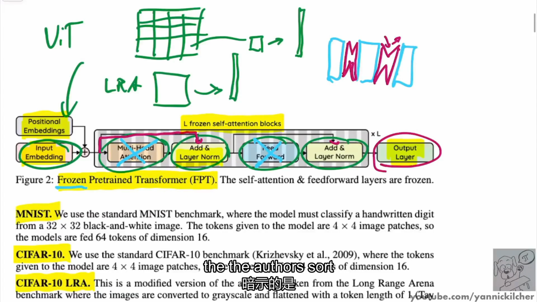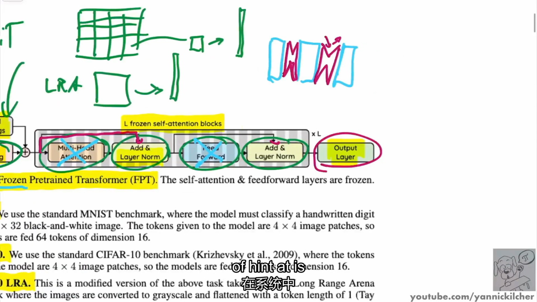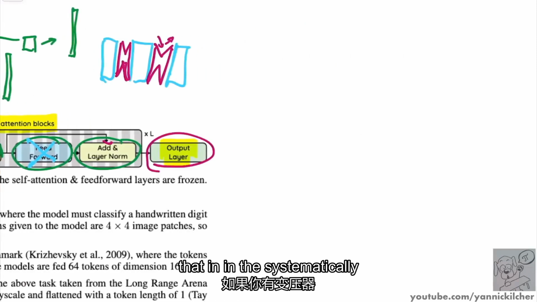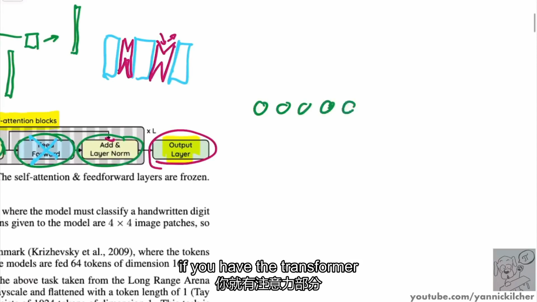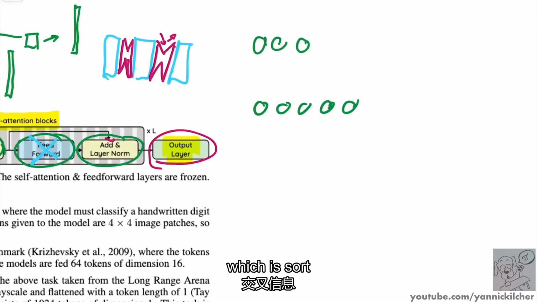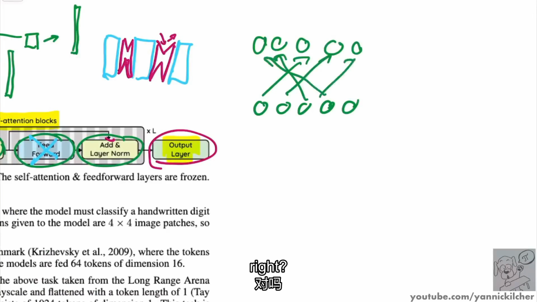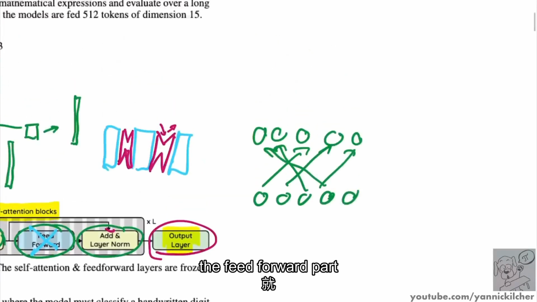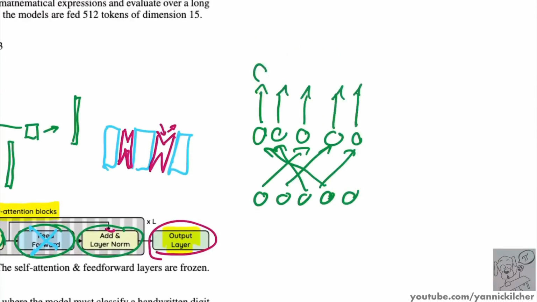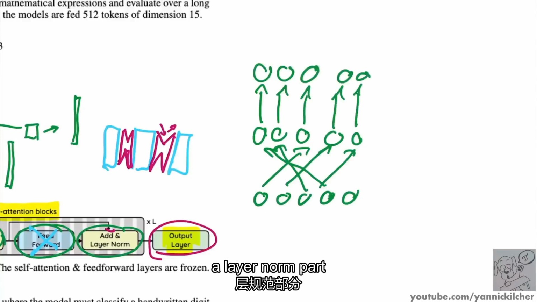Now what the authors hint at is that, schematically, if you have the transformer, you have the attention part, which is the cross information routing part, right? And then after that, you have the feed forward part, which is element-wise. And then you have a layer norm part.